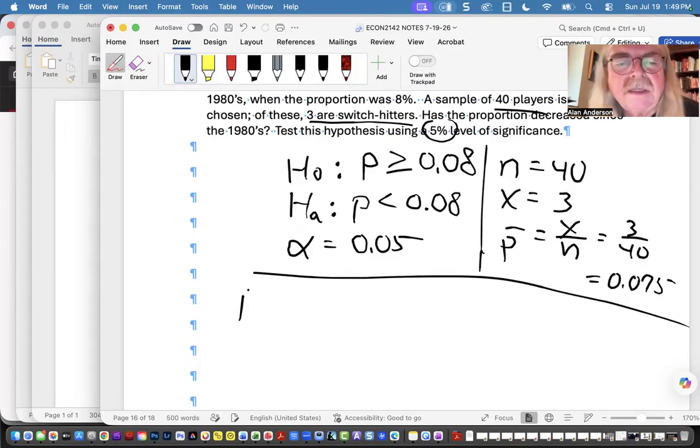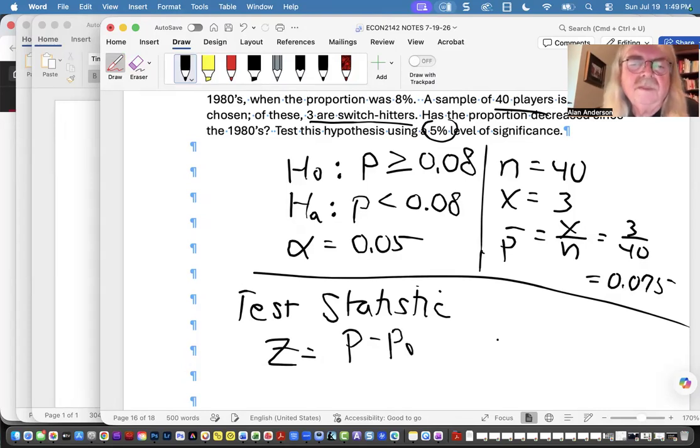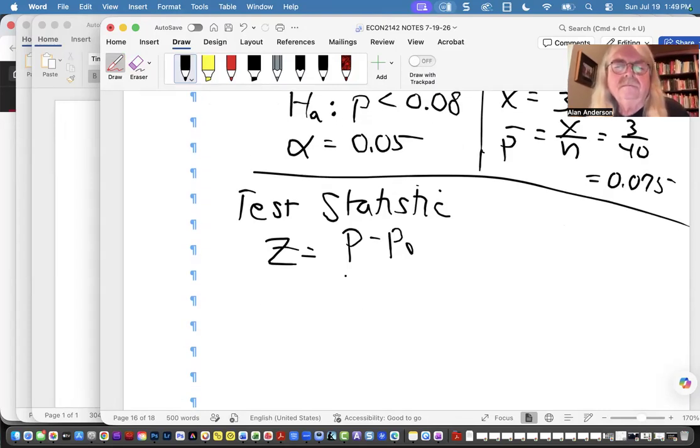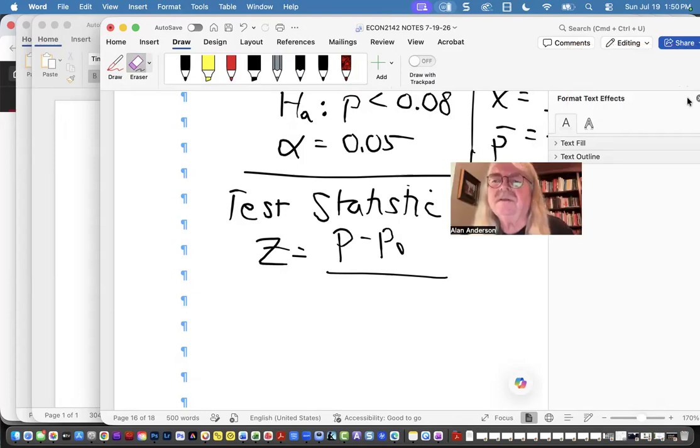All right, so the test statistic, as before, well, let's start writing it like this. Again, it's probably easier to calculate it this way by breaking it up into two parts.